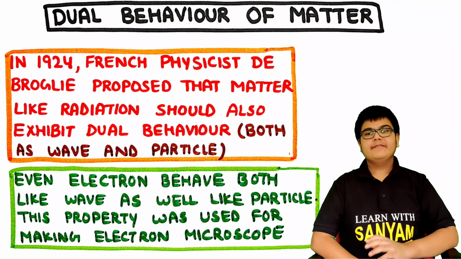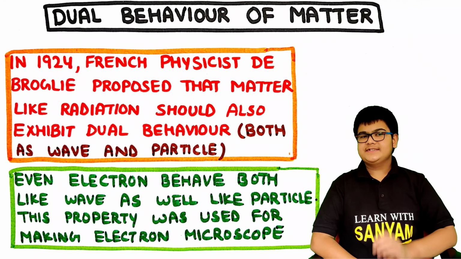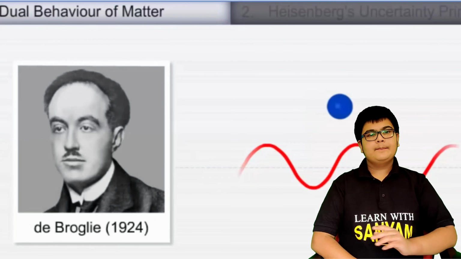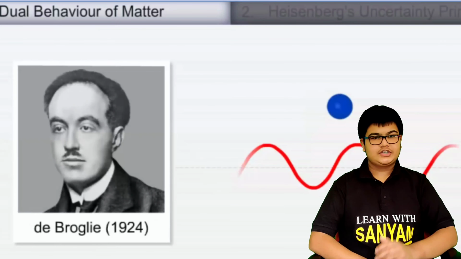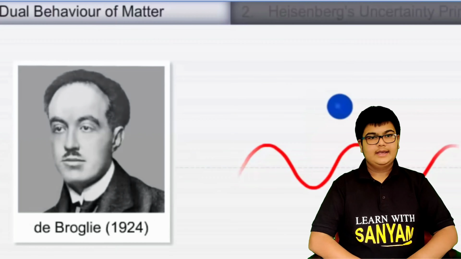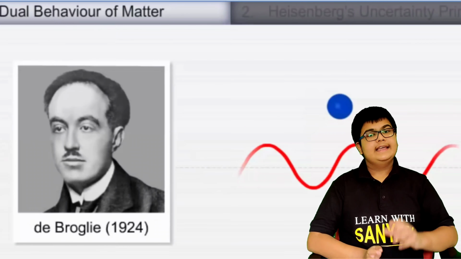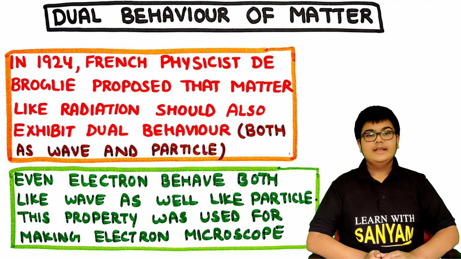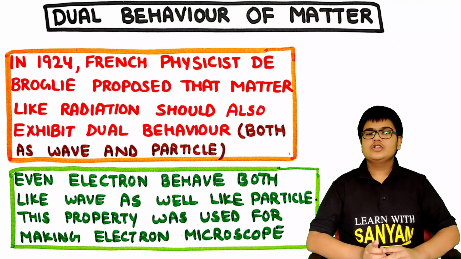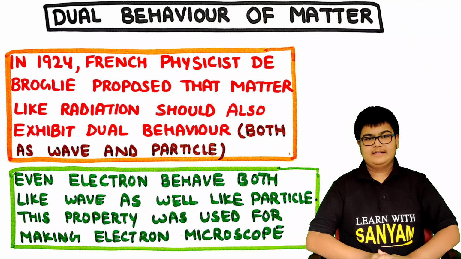First, dual behavior of matter. In 1924, French physicist de Broglie proposed that matter, like radiation, should also exhibit dual behavior. Just like electromagnetic radiation shows dual behavior, similarly, matter should also show dual behavior. It should act both as a wave and particle.